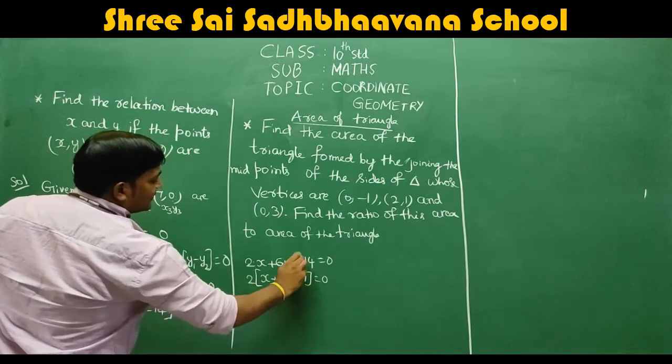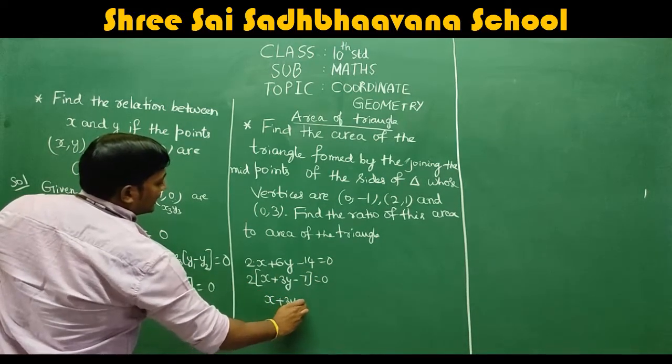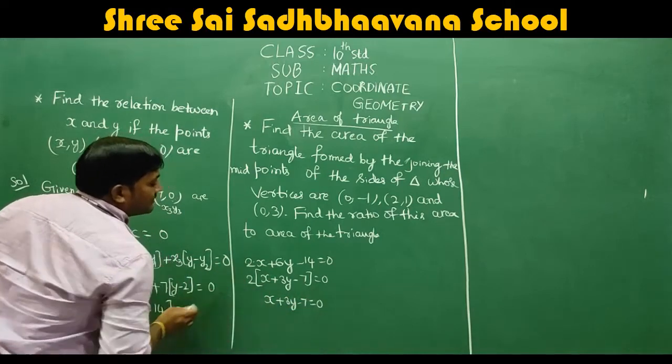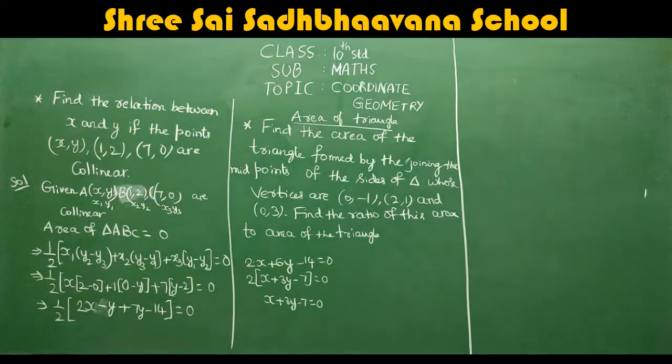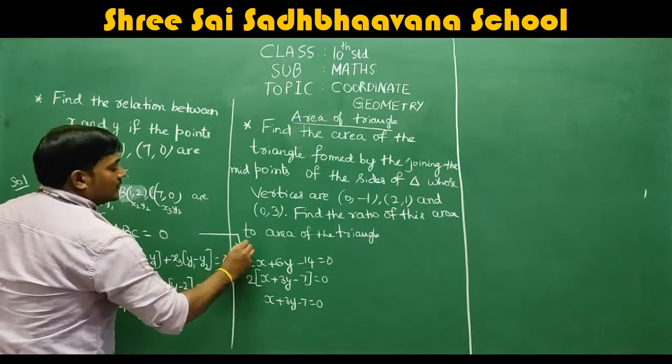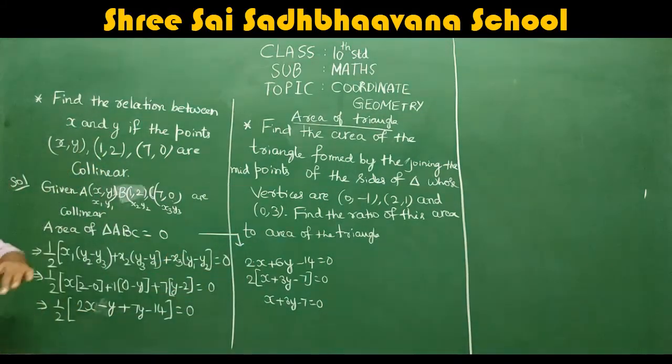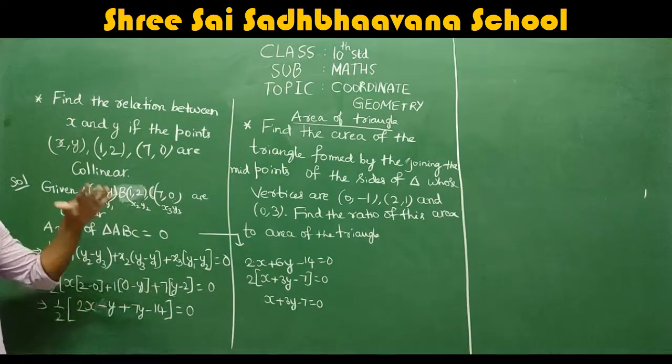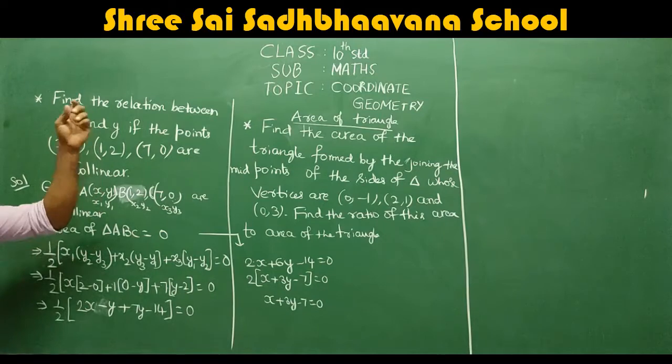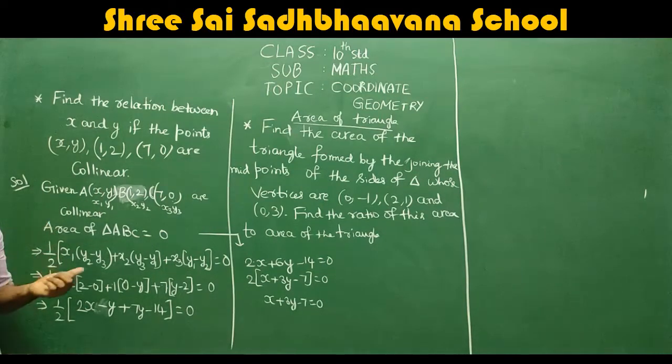Then you can send this to the side, you will get x plus 3y minus 7 equal to 0. Okay, this is the solution. I continue, so x plus 3y minus 7 is equal to 0. That is the relation between x and y. What they ask you to find, I'll just repeat this sum.